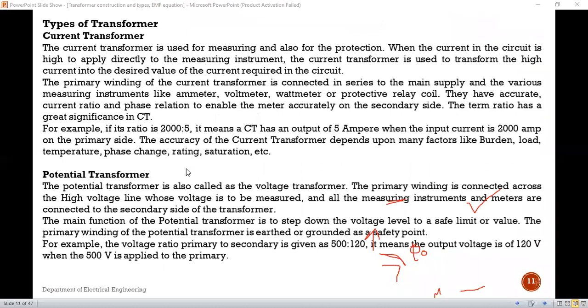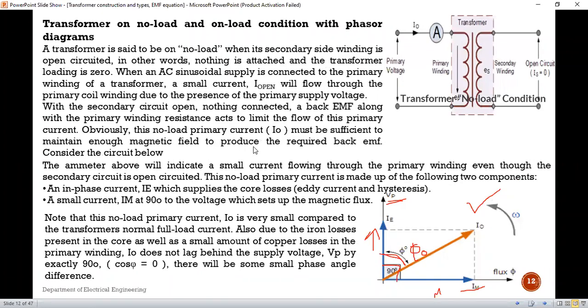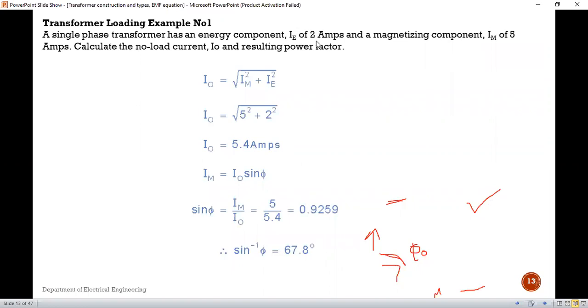Now we will solve one problem related to that. याच्यावरचा एक problem आपण घेऊया. When the transformer is put on no load condition. See, all of you write the problem. All the values are given.